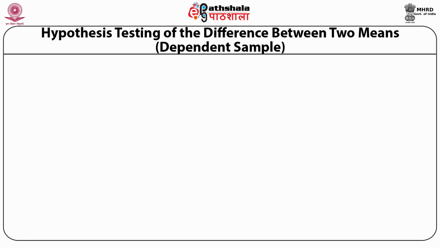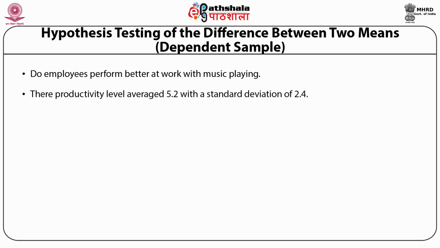We can take another example of dependent samples and see how this hypothesis testing is done. Let's take an example. Two employees perform at work with music playing. The music was turned on during the working hours of a business with 45 employees. Their productivity level averaged 5.2 with a standard deviation of 2.5.